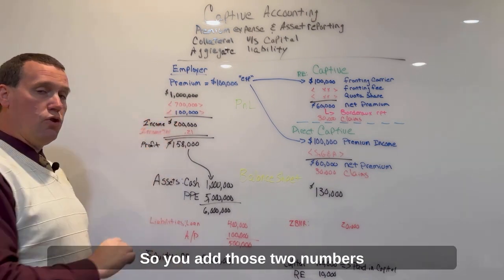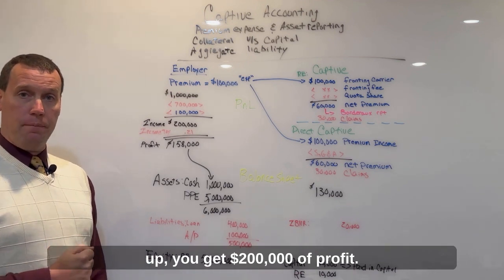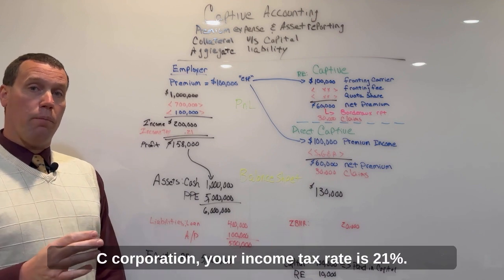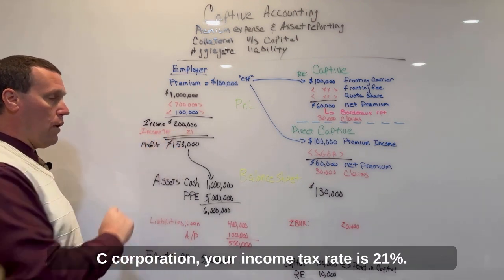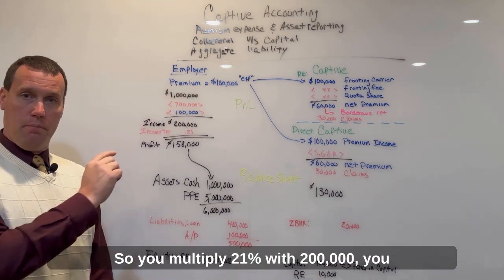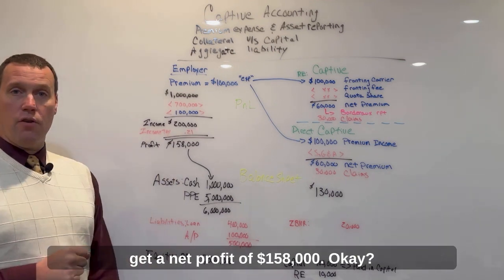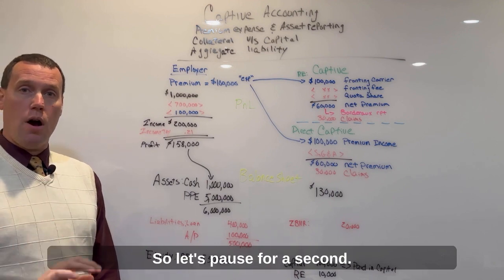You add those two numbers up, you get $200,000 of profit. Now, within the United States, if you're a C corporation, your income tax rate is 21%. So you multiply 21% with 200,000, you get a net profit of $158,000. Okay? So let's pause for a second.